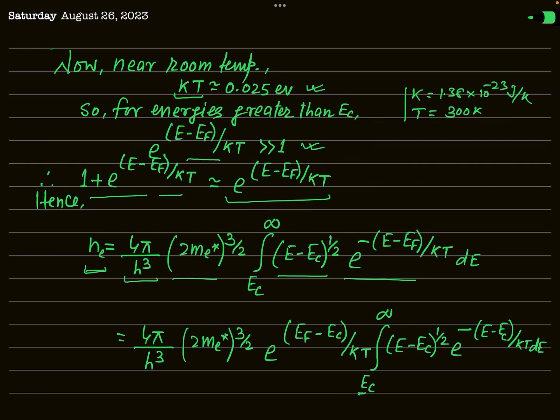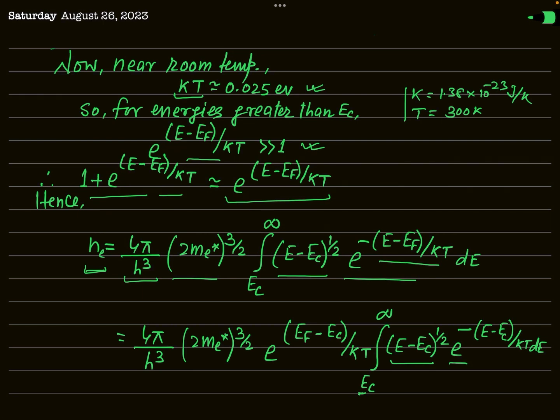You can see in our original result there is e to the power minus (E minus EF) by KT, and here is a factor of (E minus EC). So our aim is to raise this E minus EC as the power of this exponential.